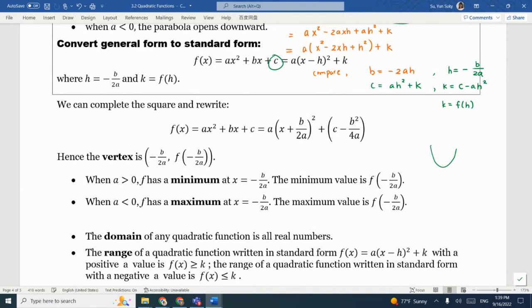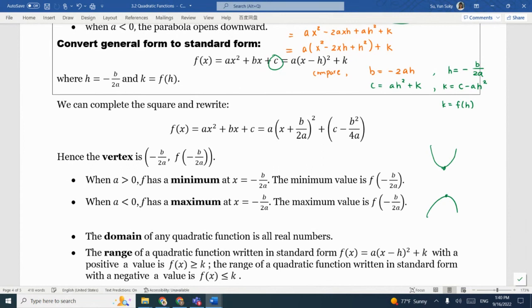Negative b over 2a. And then this is the minimum value, f of h. If a is negative, the parabola opens downward, then the vertex is the maximum. That's why the vertex is very important.